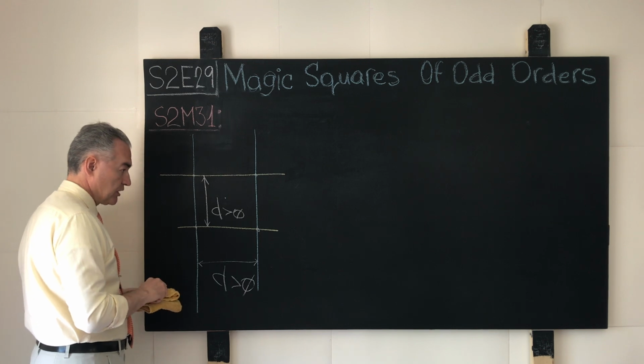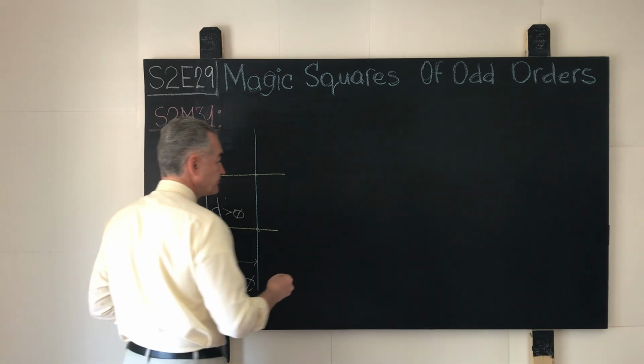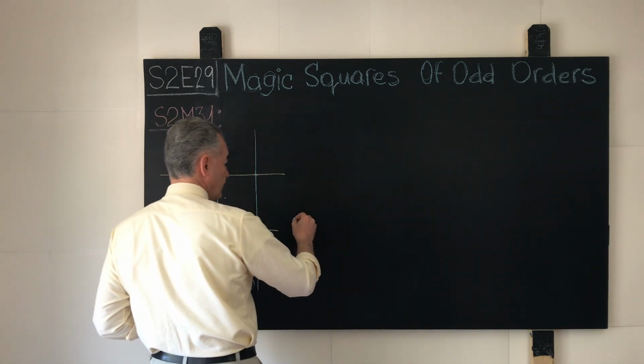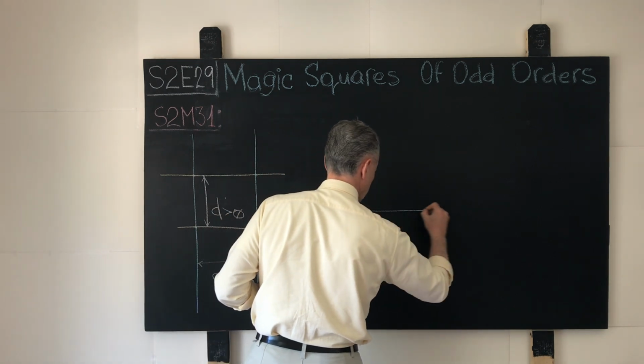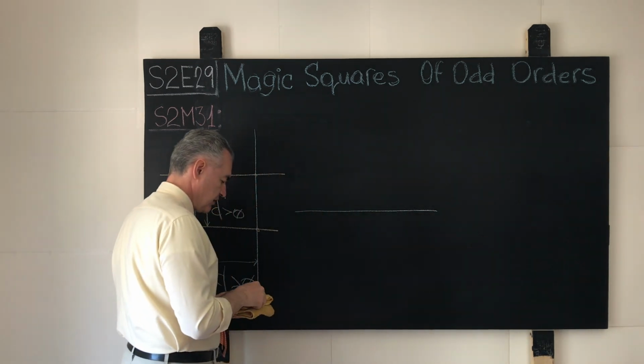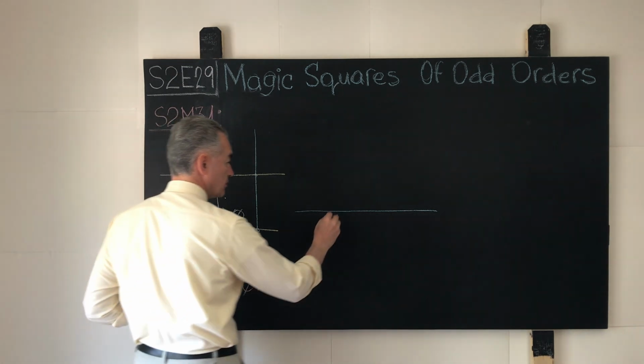So here is a way to construct a square that is slightly more algorithmic. Let's say first we draw a straight line like so. Then on that straight line we pick 2 points. Let me use red chalk, for example.